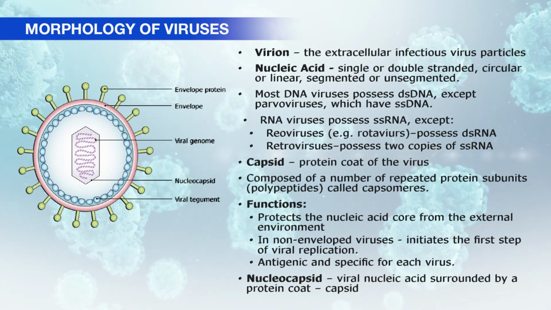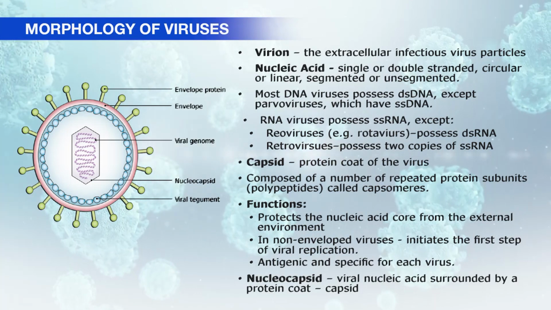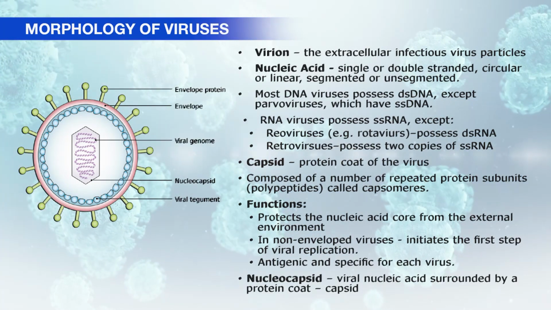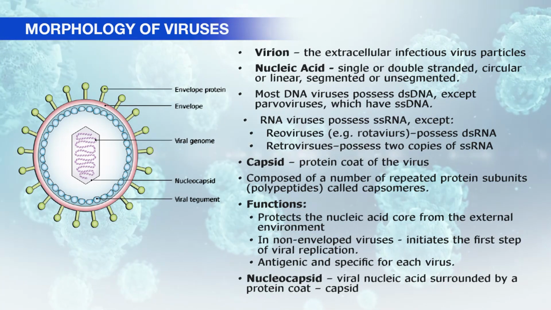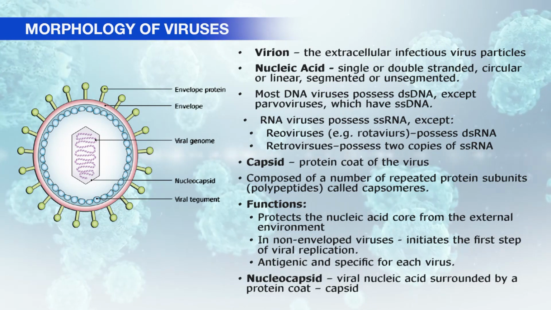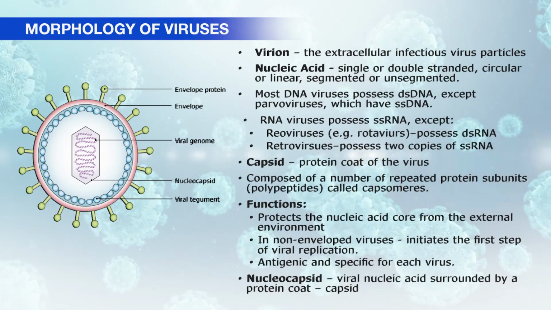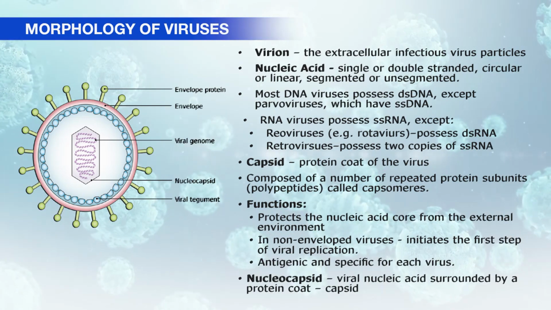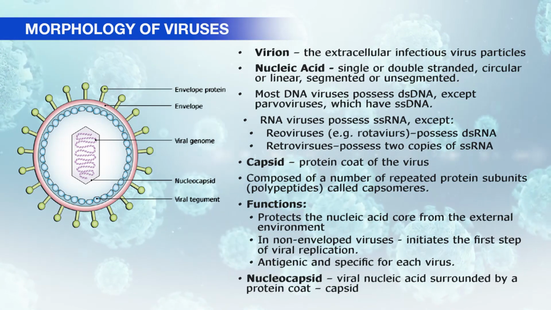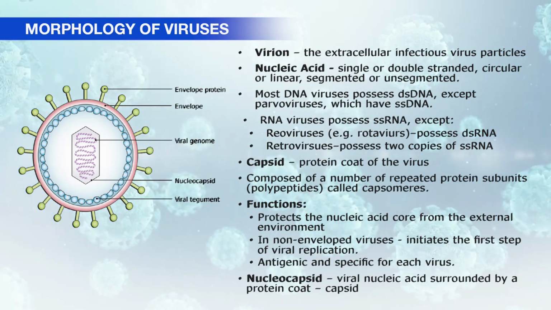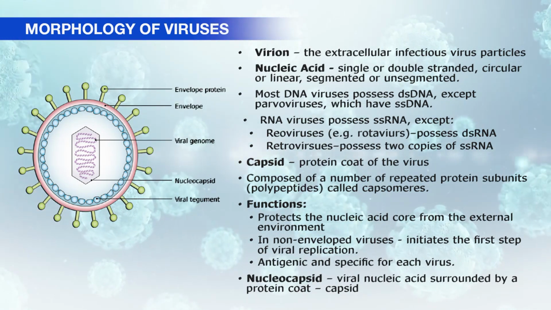DNA viruses usually possess double-stranded DNA, signified by small d and s along with DNA in capitals. The DNA virus which does not have double-stranded DNA is parvovirus. RNA viruses possess single-stranded RNA, except reovirus and rotavirus, which possess double-stranded RNA, and retroviruses, which possess two copies of single-stranded RNA.